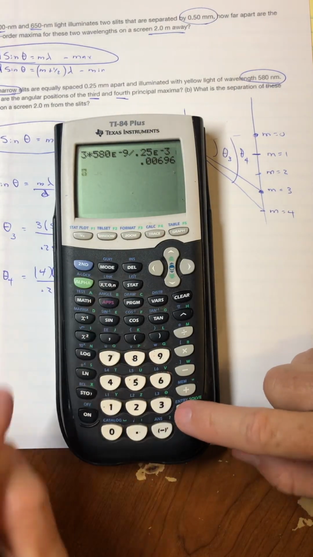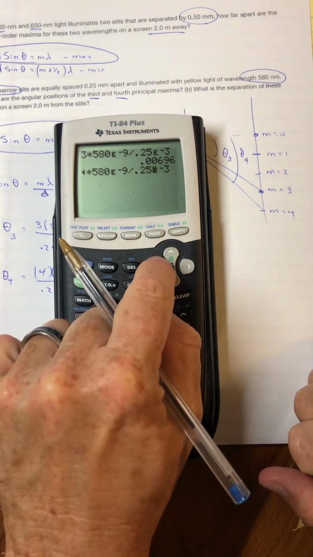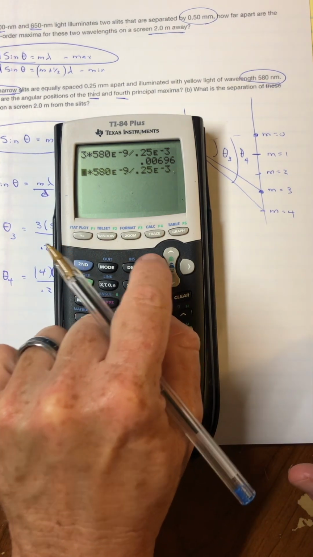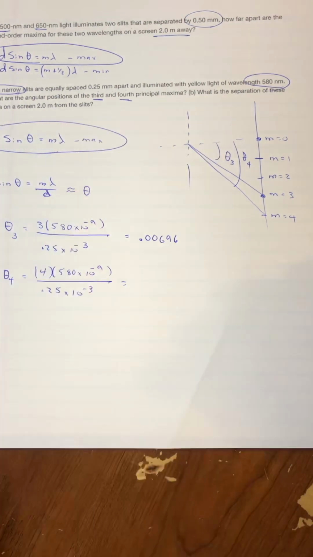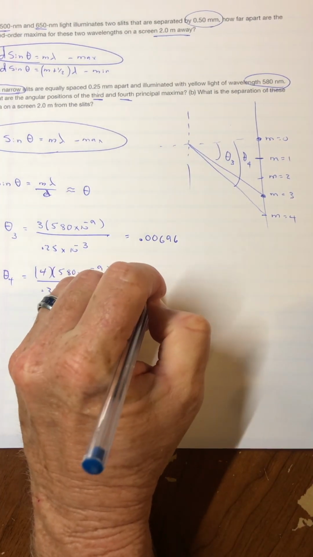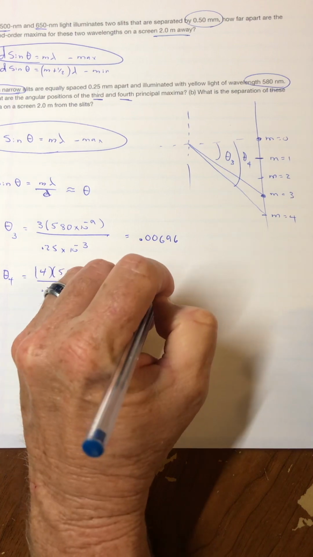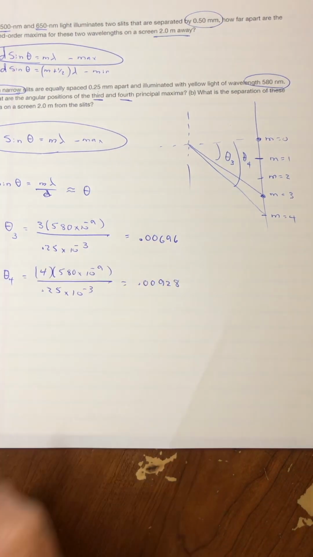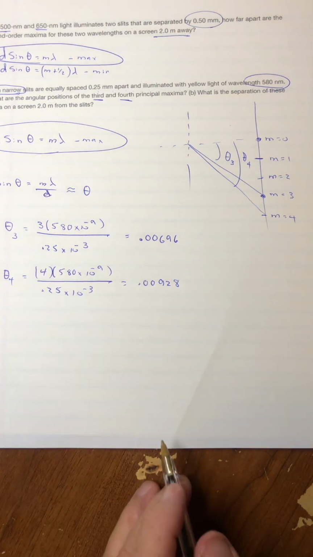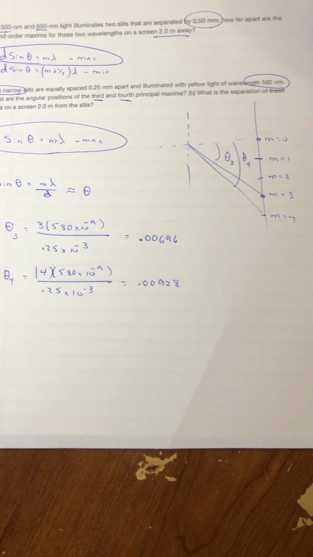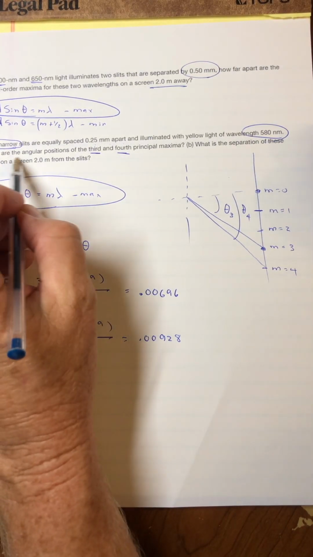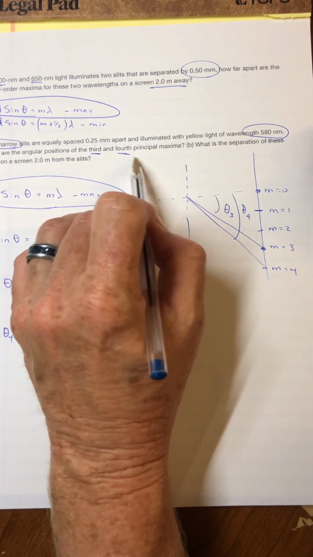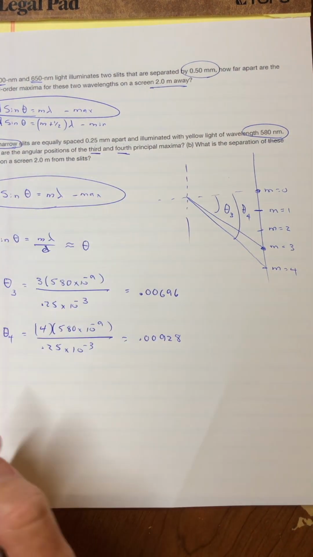And if we do a re-enter here and change our 3 to a 4, we're looking at 0.00928. And so those are the 2 angles. That's this first part, A, what are the angular positions of the third and fourth?